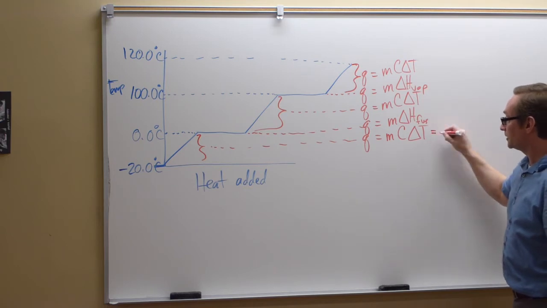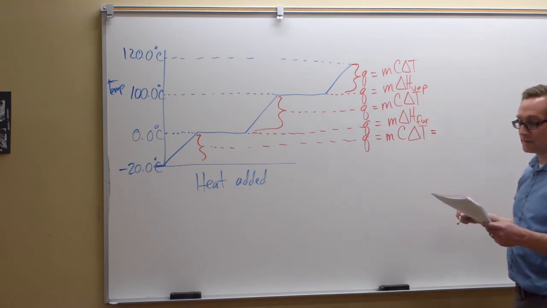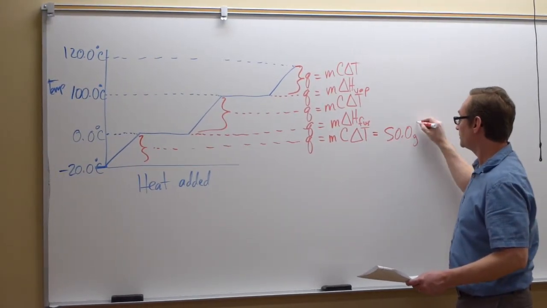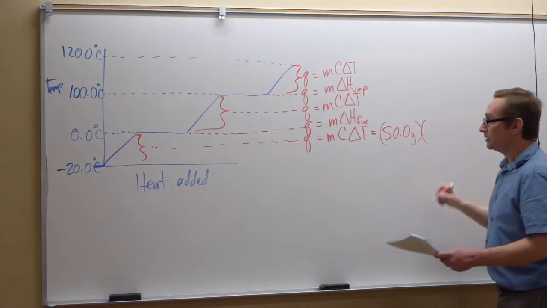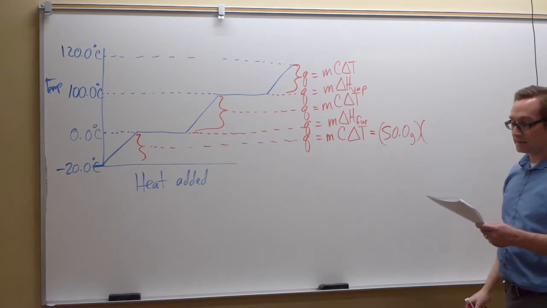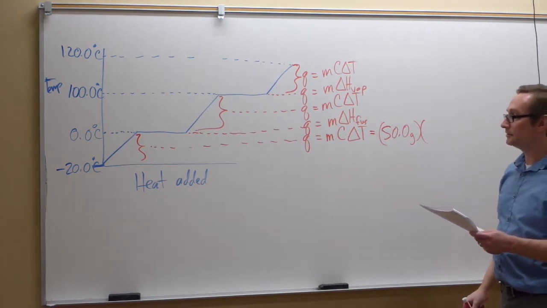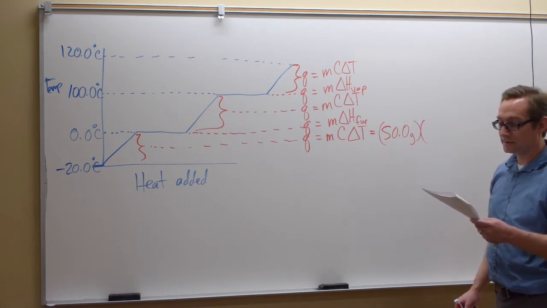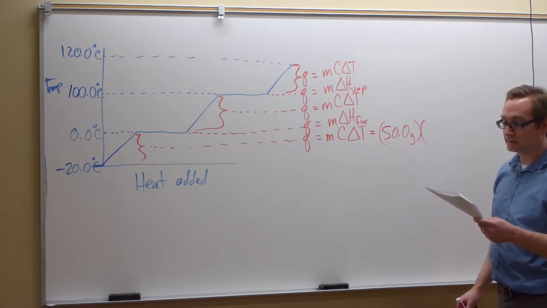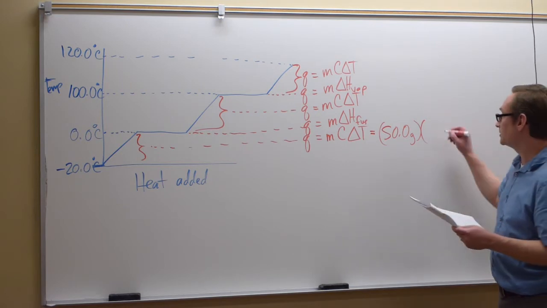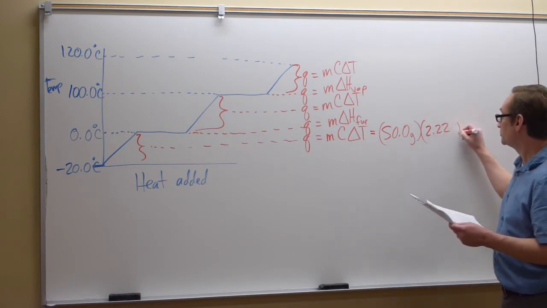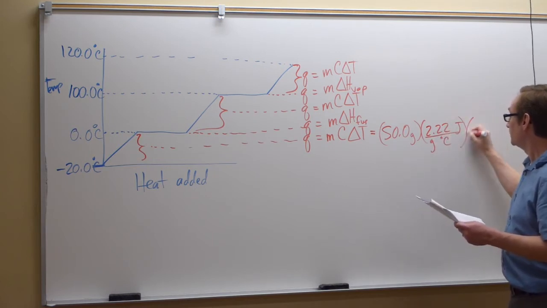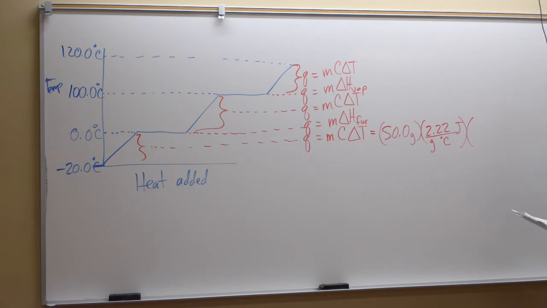So what's the mass here of the water? 50 grams. So we get 50.0 grams. And what is the specific heat of ice? Because right now we're dealing with the ice. Yeah, 2.22 joules per gram per degree C. And what is my delta T?